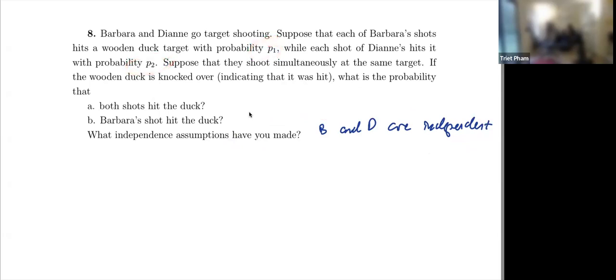It's not something like Barbara and Diane are equally likely to hit the target. So with P1, P2, we cannot build the joint probability, which is what we're being asked here about the joint action of Barbara and Diane, without making the assumption that they're independent. If the problem doesn't give us anything but their joint action, the best assumption we can make is they're independent. Does that make sense?